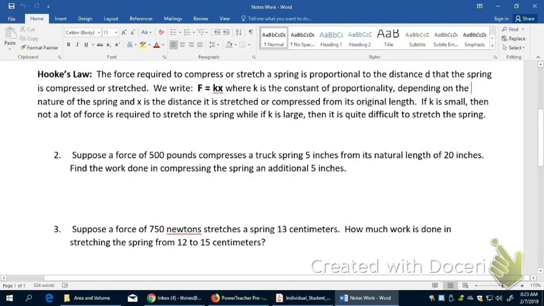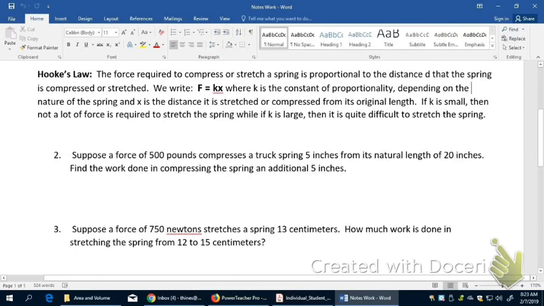So if you have a spring at its natural length, that's just what it looks like when nothing's being done to it. If you squeeze it together, you're trying to find the work required to squeeze it to a certain length. Or you're trying to find the work required to stretch it to a certain length. That's what Hooke's law is.